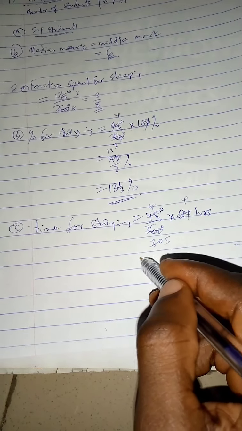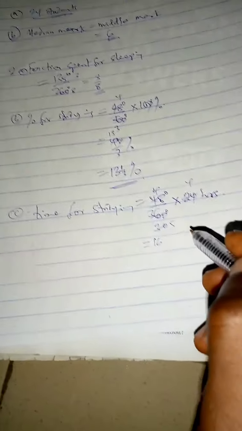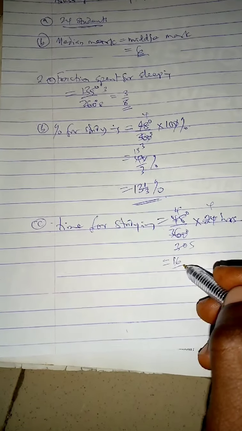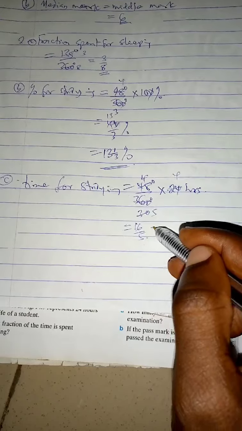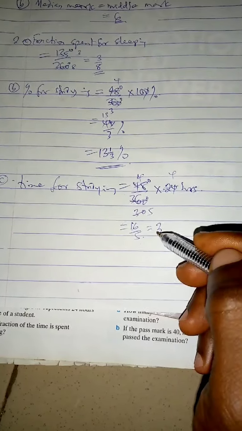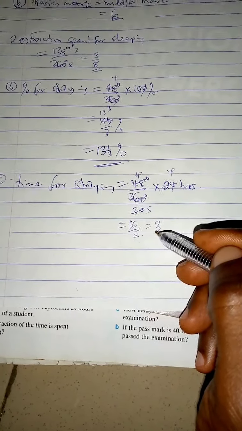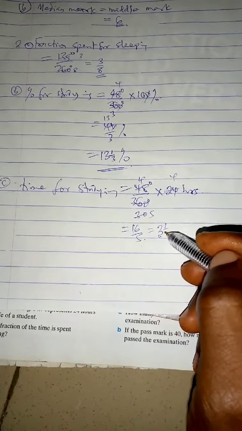So we are left with 16 over 5. 5 in 16, it will go 3 times, remaining 1, which is 1 over 5.